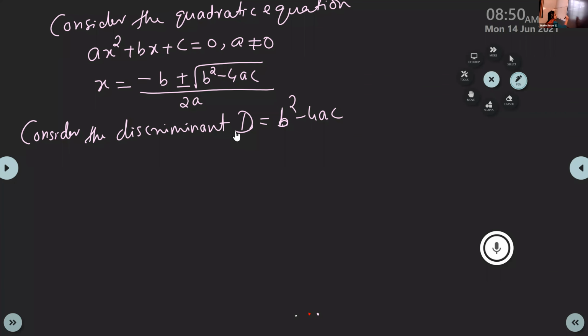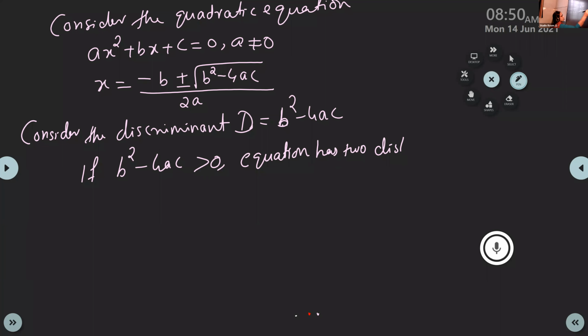Then write, if b square minus 4ac greater than 0, the equation has two distinct real roots.